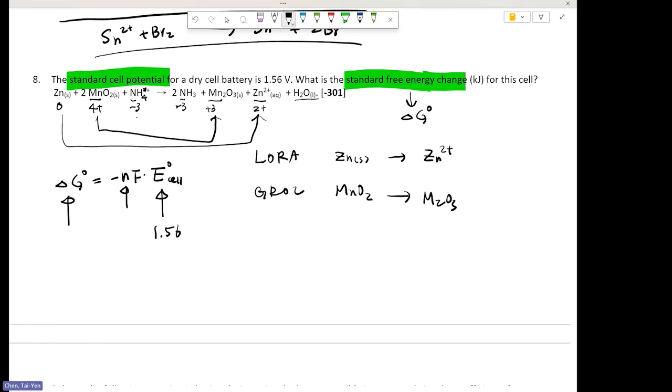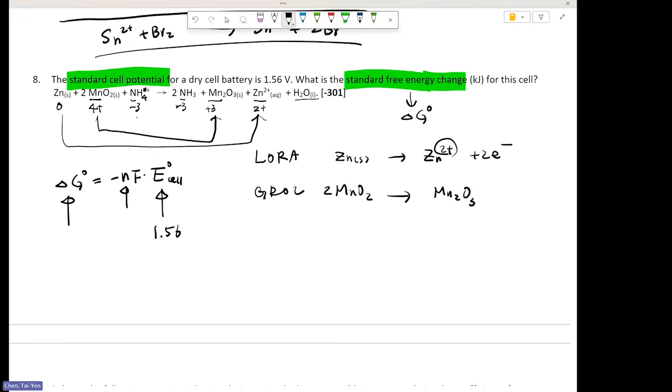So this is 2 MnO2 become Mn2O3. So on the top is already +2, right? So you know to balance it, you add in 2 electrons.